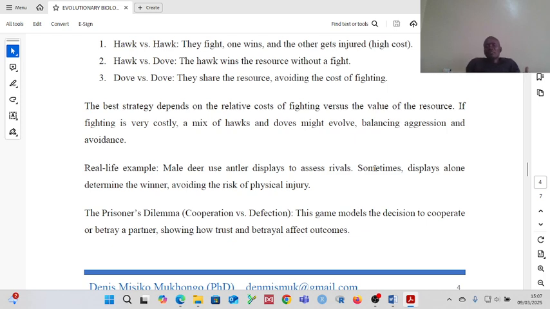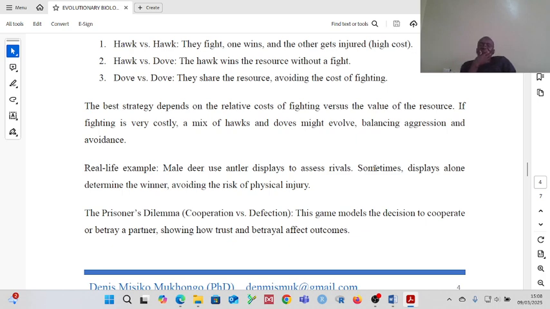So once the display has determined the winner, the risk of physical injury due to fighting will have been avoided. Because by just displaying the antler, the rivals surrender. Then a winner is determined. So there was no fighting.